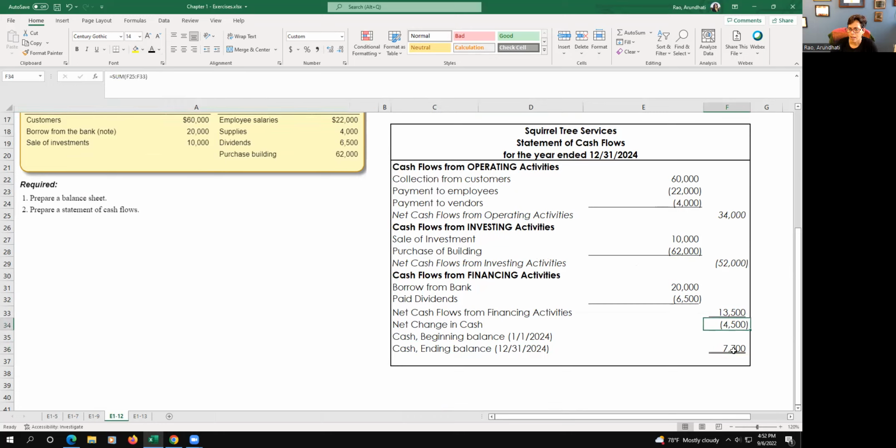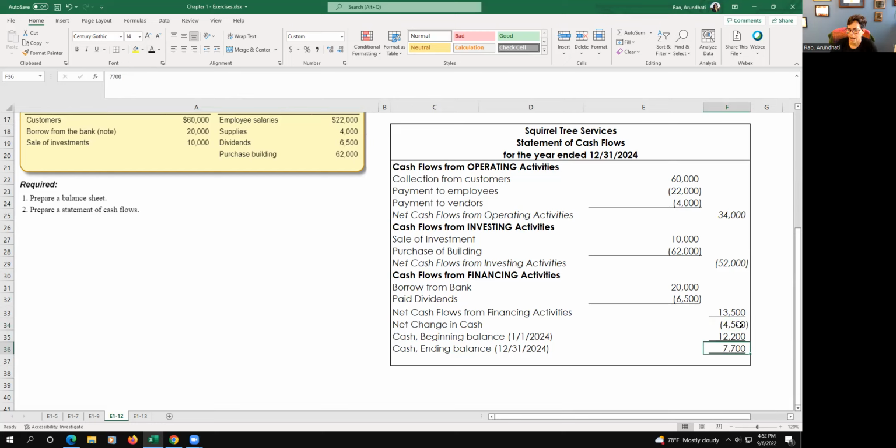So if my cash ending balance is 7,700 and my cash decreased, how much did I start out with? More than or less than 7,700? It has to be more than. I started out with 12,200. My cash position changed. It went down by 4,500, leaving me with 7,700.